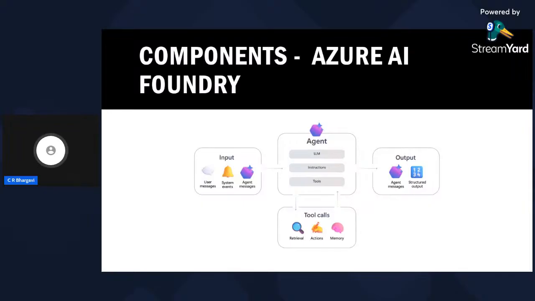And then the last part is the plugins and tools which are available. You can have HTTP endpoints or Python, .NET function calls, and then you can have the Azure services which are available, and then you can have internal company data systems which are stored.